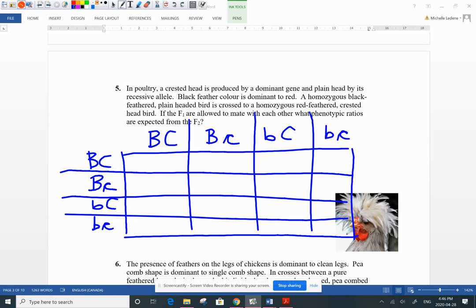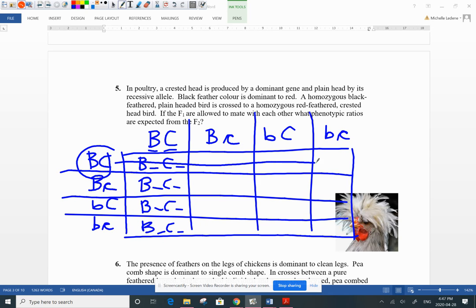Okay, so a couple of tricks of the trade. This first column going down has a big B and a big C. That means all of the offspring are going to have big B, big C, each and every single one, right? They're all going to be black and crested. Doesn't matter what that second allele is, they're all black and crested.